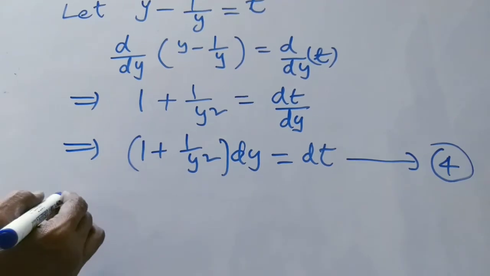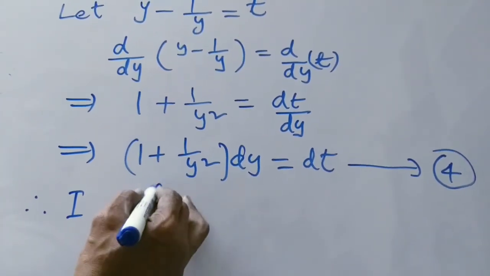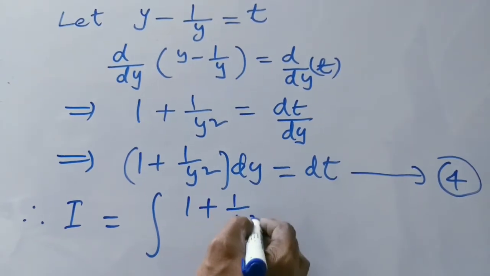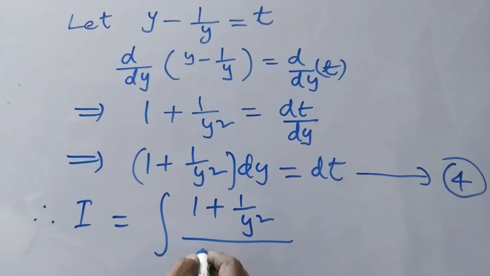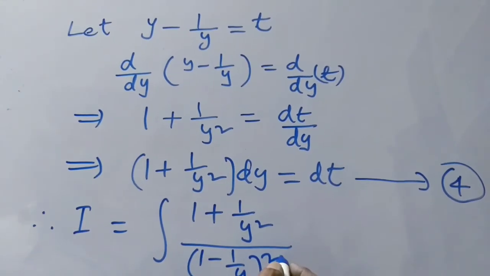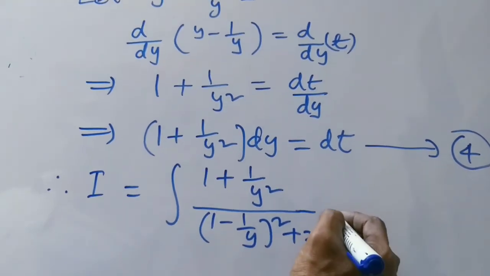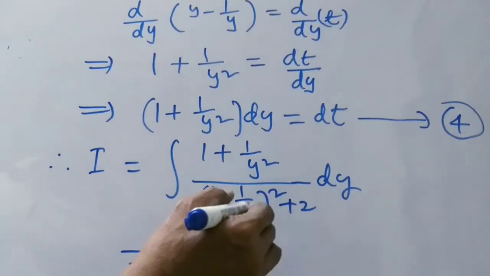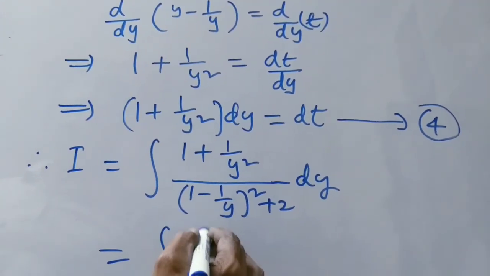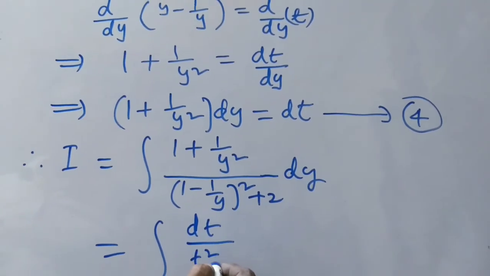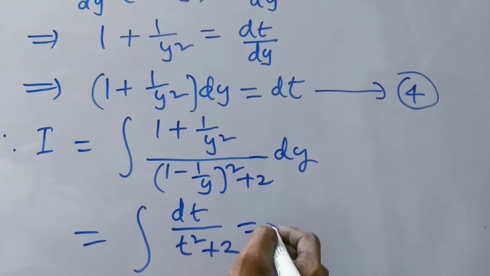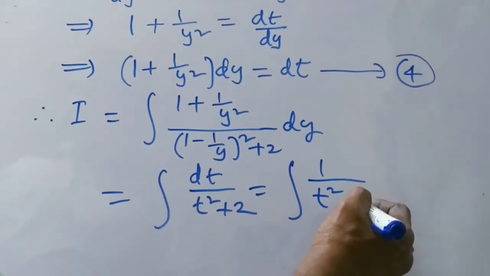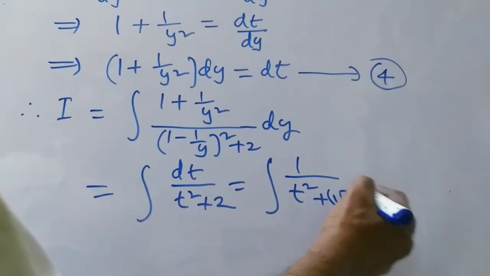Therefore, I is equal to integral of 1 plus 1 by y square divided by y minus 1 by y whole square plus 2 dy, which on substituting the values becomes integral of dt by t square plus 2, equal to integral of 1 by t square plus root 2 whole square dt.